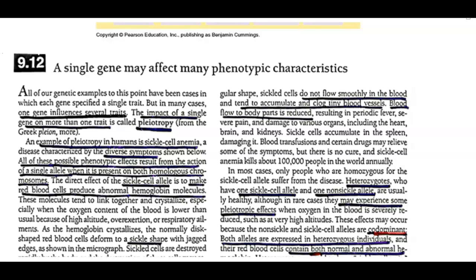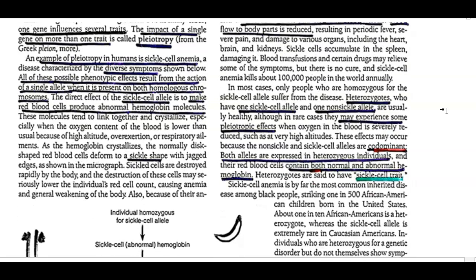Still looking at sickle cell anemia, because remember we said that was an example of pleiotropy and codominance. So pleiotropy, one gene influences several traits. An example, we talked about sickle cell anemia, and we looked at all the different symptoms that it results in.